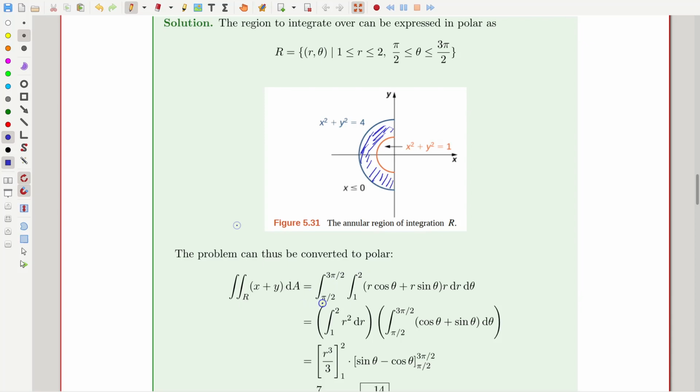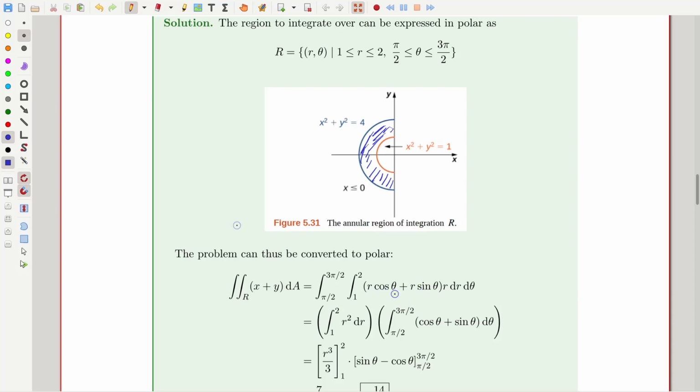Again, what I do is put r dr d theta, and I match up the variables for the integration. So r goes from 1 to 2, theta goes from pi over 2 to 3 pi over 2. And to convert x and y, you use the fact that x is r cosine theta, y is r sine theta. So that's how we get this in here.